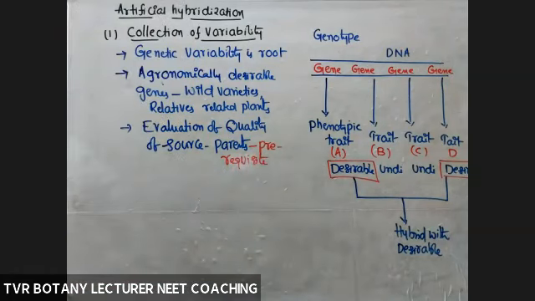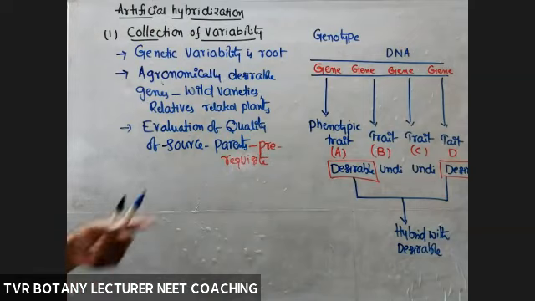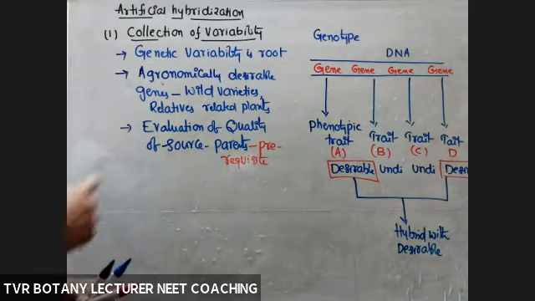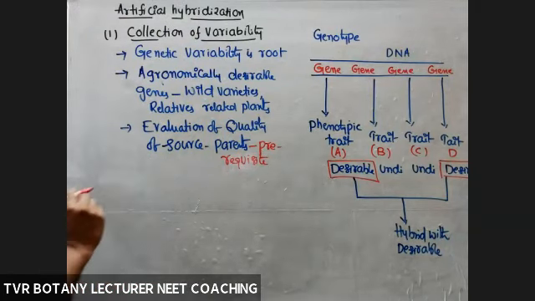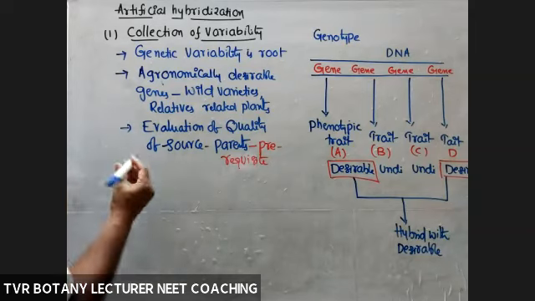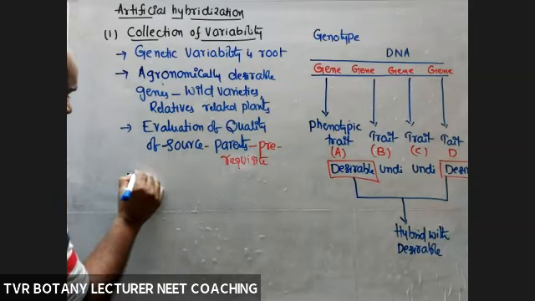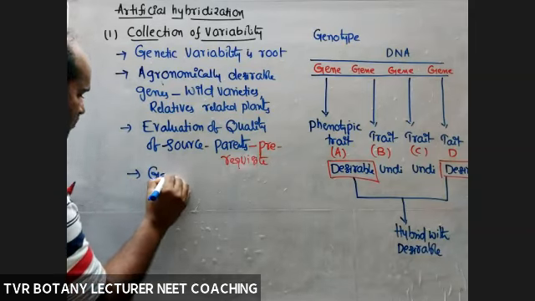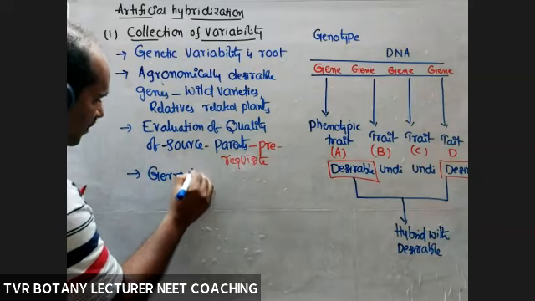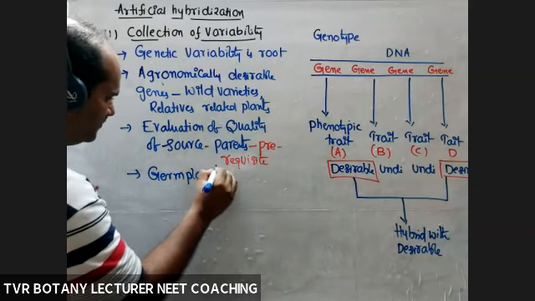Okay, so the phenotype of any organism depends on genotype only. So we have to check the genetic material. Is it clear? Right? Now, the last word given is germplasm collection. What is a germplasm? How to understand a germplasm?